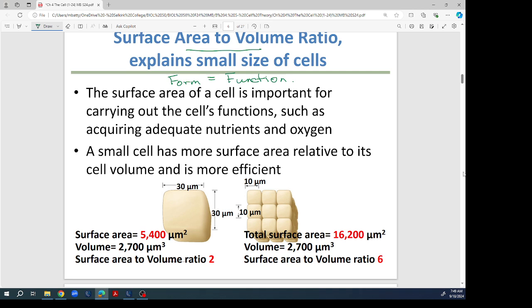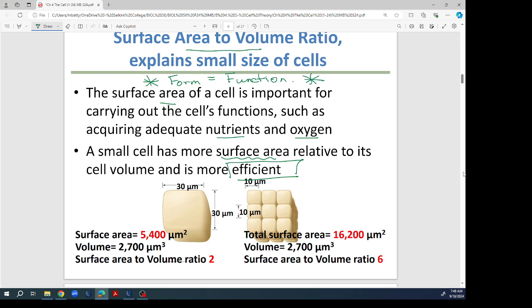Basically, there's a sweet spot of efficiency where a cell has an adequate amount of surface to serve the inside cell volume. The surface area of the cell is important because that's where things come in and things go out of the cell. A small cell has more surface area relative to its volume and is more efficient. And so efficiency is often at the heart of this form and function theme.